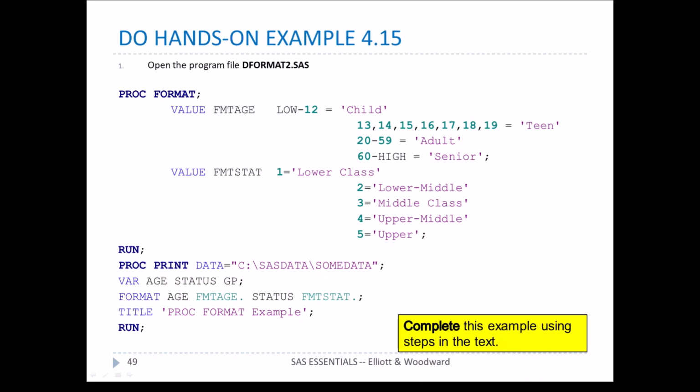Now down where we use PROC PRINT, we're going to assign those formats using the format statement. So age FMT_age dot, status FMT_stat dot. So again, remember we have to do it in 2 parts: create the format and assign the format. Now there are other steps in this example. I encourage you to do the ones that are in the text.